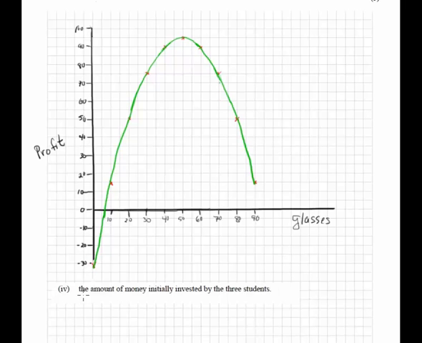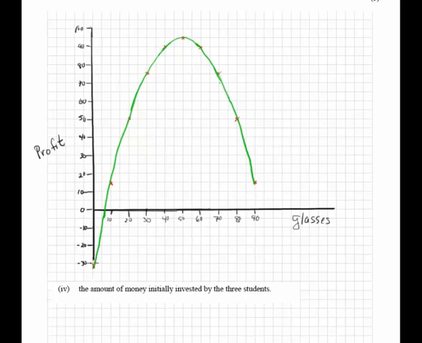Number 4, the amount of money initially invested by the 3 students. Well, where's that at? If you think about it, when they sold 0 glasses, whatever money they had, on the graph, it's negative 30. So they are 30 Swiss francs in the hole before they start to make profit here at 0.